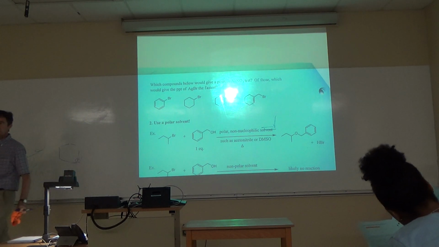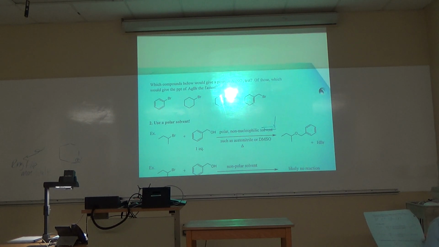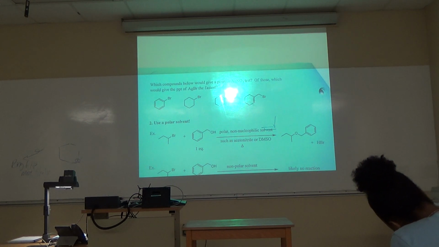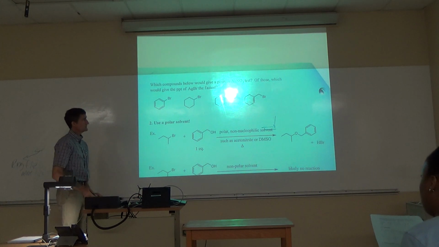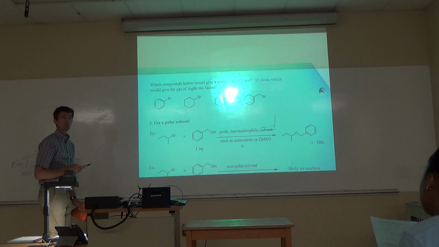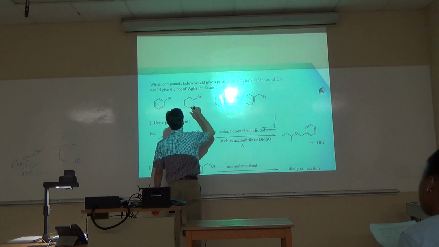The bromine's only going to leave if it's going to make a reasonable carbocation. Even if the silver's around, if you can't make a reasonable carbocation, even the silver won't make the bromine leave. Which one of these can you make a reasonable carbocation? That's really the question. Well, these three.